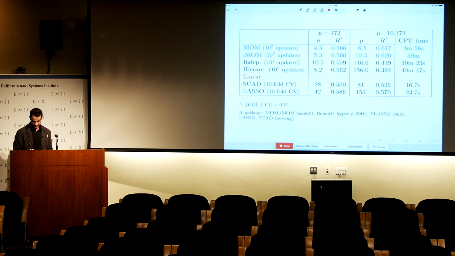For some of the simplest and well-performing non-local priors, your computation time to explore 10 to the 7 updates for 10,000 predictors and about 200 subjects is about 4 minutes, which is something you can definitely do. You can wait 5 minutes, get a cup of coffee, and then look at your results. You don't need to be shy about using Bayesian methods to carry out some of these computations.